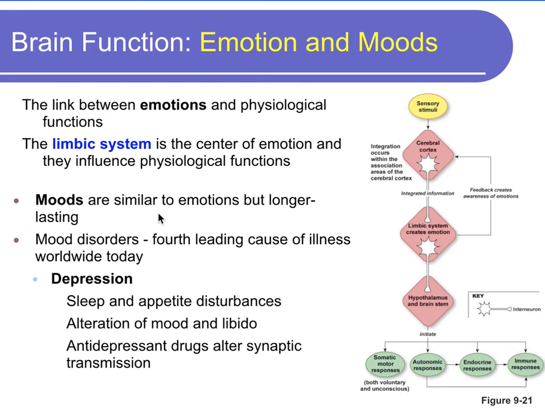If you suffer from or know anyone who has been depressed, you'll notice they'll have sleep disturbances, appetite changes, changes in mood, libido, and then they may need antidepressant drugs. And why is that? Because the limbic system directly feeds into the hypothalamus. And we know the hypothalamus can control a lot of things, including food intake, right? Your reproductive function. So basically, that's why we have these physiological manifestations.